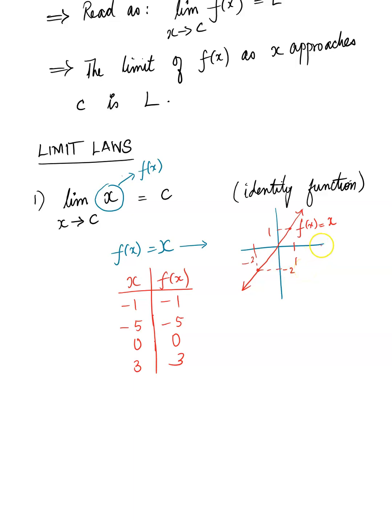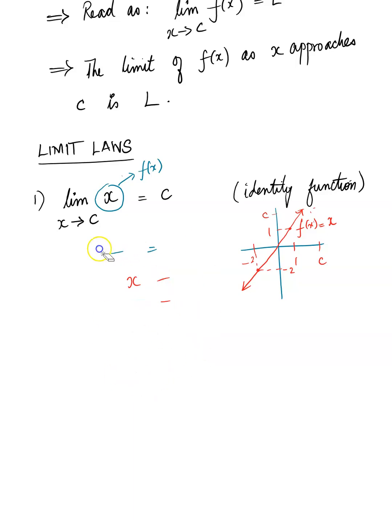So no matter what, some c will correspond to a corresponding c. And that is what they mean by the limiting function. The limiting value itself is c. Okay? So no matter what part of the line you are looking at, whatever x value, that will correspond to the same y value because of the identity nature of this function. So that was the law, okay?